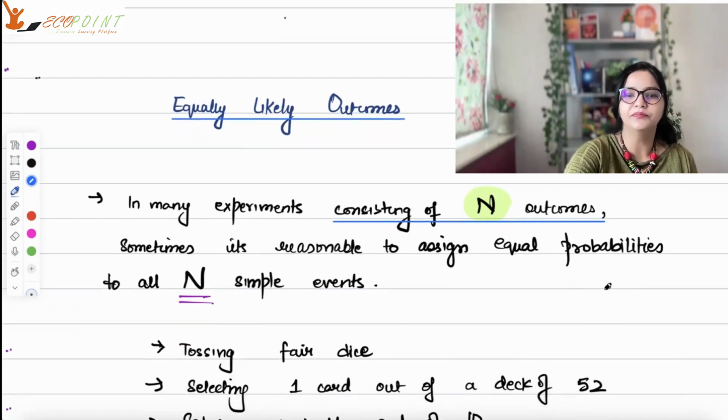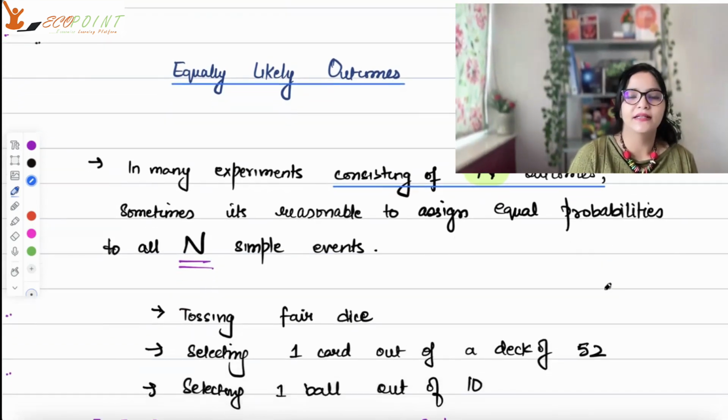For example, tossing a fair dice. When you toss a fair dice, you have six numbers, 1, 2, 3, 4, 5, 6. So it's fair enough to give 1 by 6 probability to each number. The possibility that I will achieve 1 by tossing is 1 by 6, 2 is 1 by 6, and so forth.